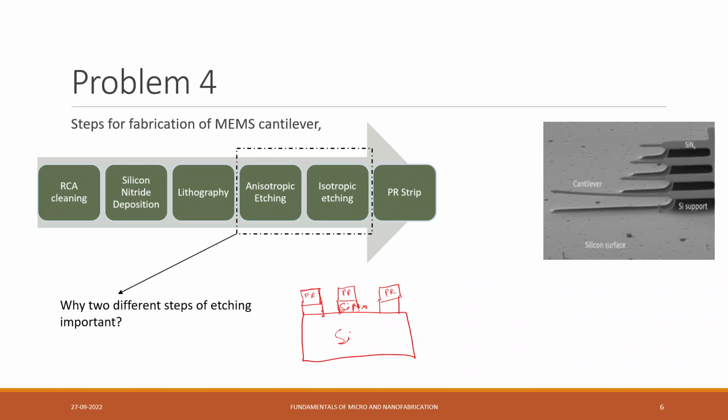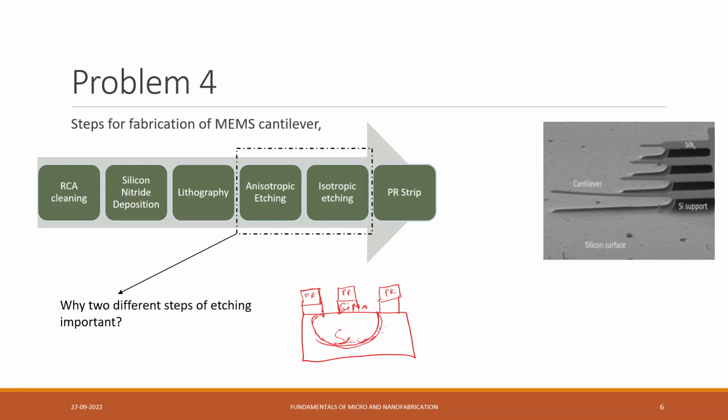As it is undercutting, these portions will also get etched like this, and at some point it will dissolve and there will be no material there, and the only material left will be this one due to the undercutting. Essentially this part will be hanging, and then you can strip the PR and you will get only the silicon nitride upon it.